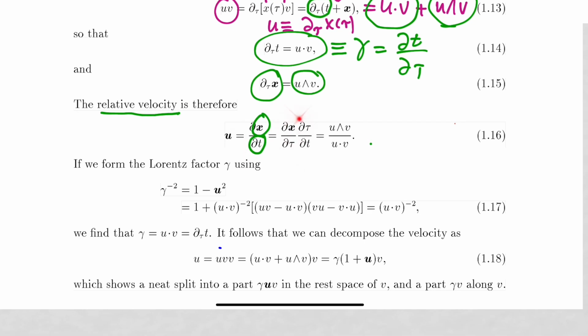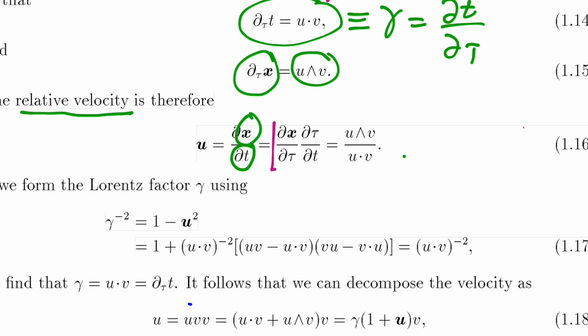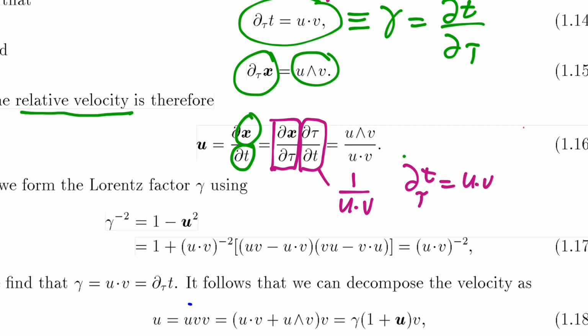To get that, you just do a little bit of calculus. You know dx d tau is u wedge v, and we know dt d tau is u dot v, so d tau dt is going to be 1 over u dot v. So then we just form this fraction.